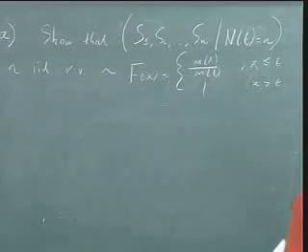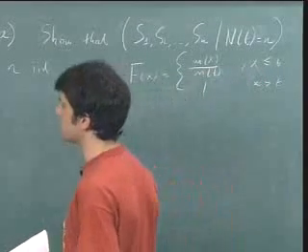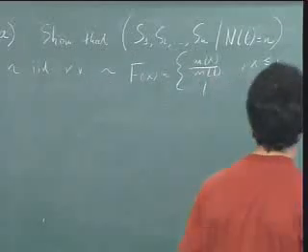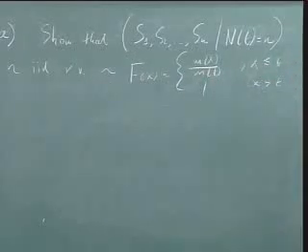So the unordered arrival times. I guess we can show that the ordered ones have this distribution times n factorial, and that sort of shows that the unordered ones are distributed like this.